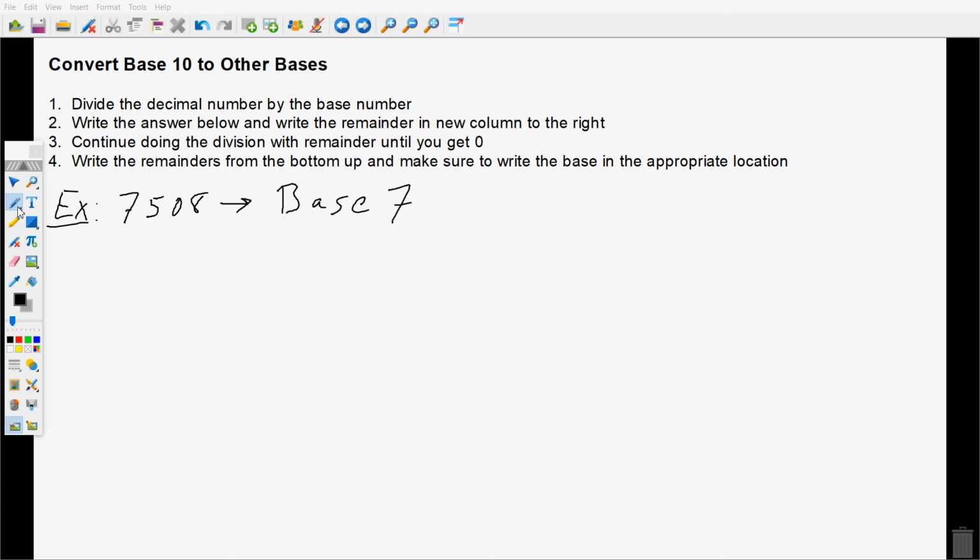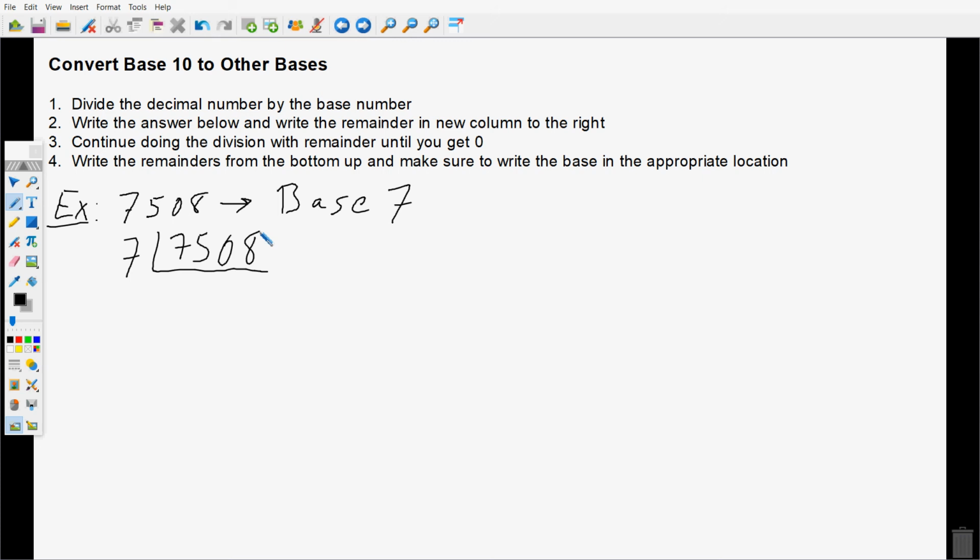So it says divide the decimal number by the base number. So I'm going to take 7 into 7508. And this is where it gets the name upside down division, where you have that division or long division bar upside down.